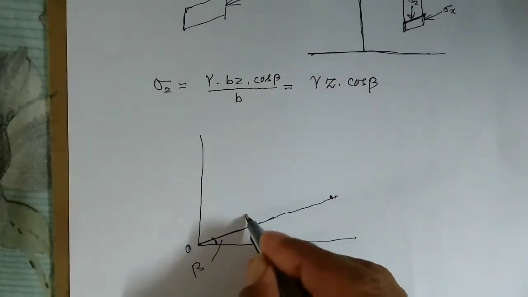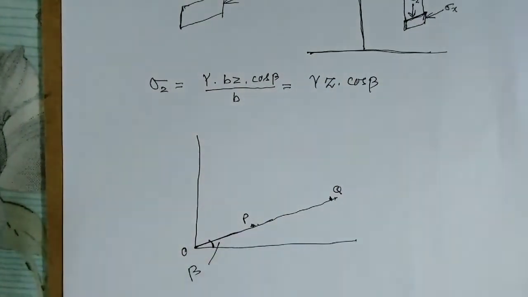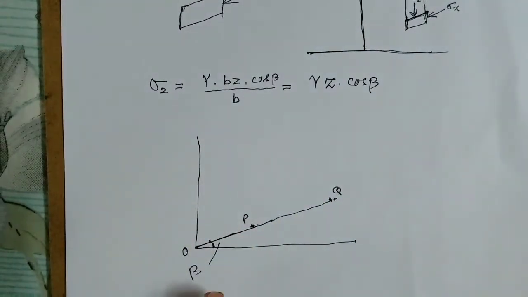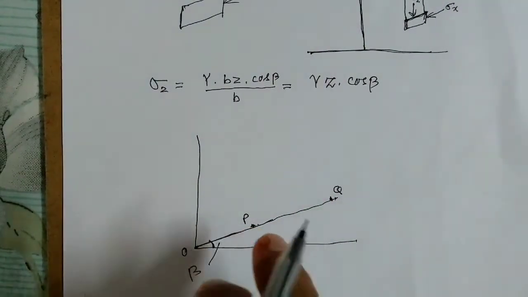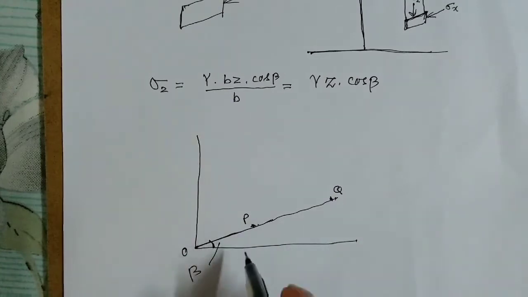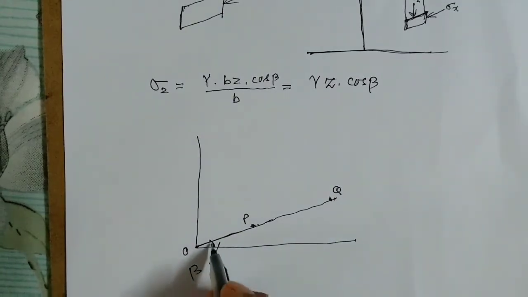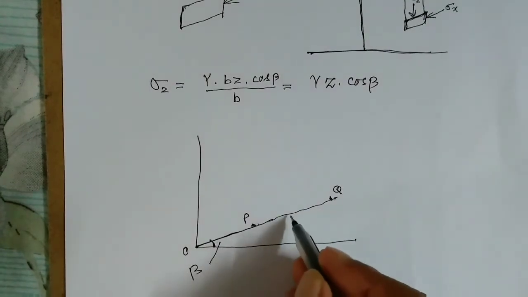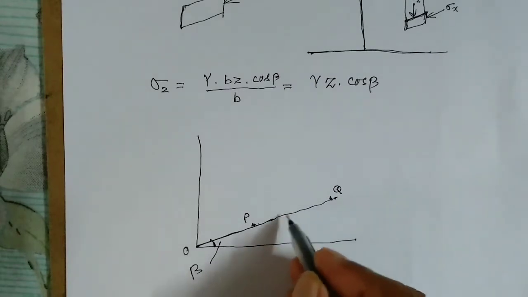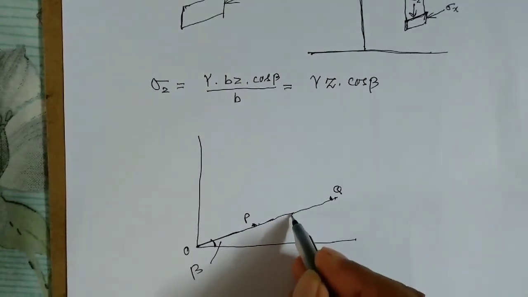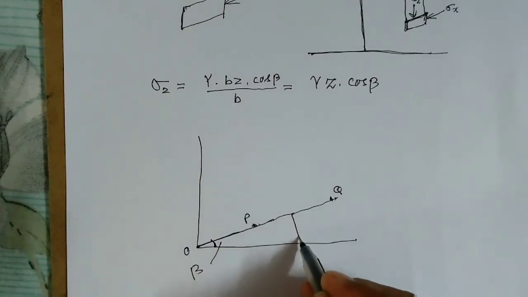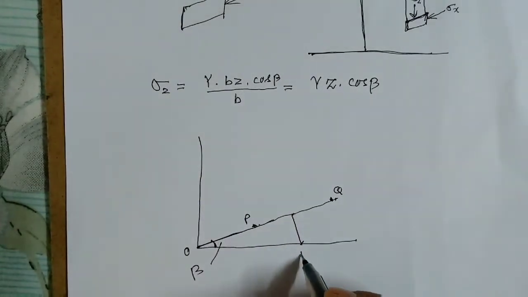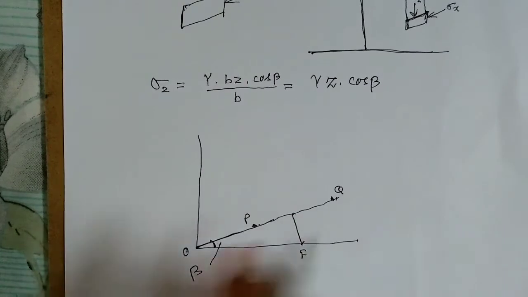This is P, this is Q. From PQ, if we erect a perpendicular bisector of PQ, it will cut the x-axis at a point, let us call it F.